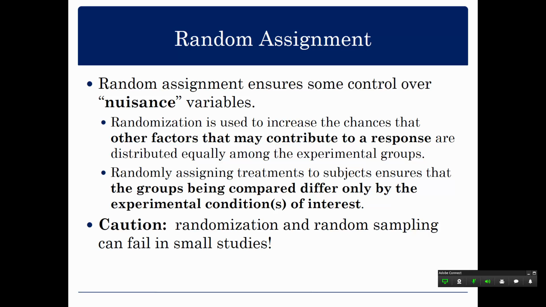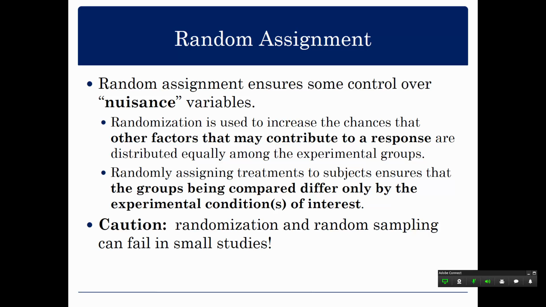So when we randomly assign treatments to study subjects, it increases the chances that other factors that may affect the patient's eventual outcome or response to treatment are distributed equally among the groups. So when you get done with a study, those two homogeneous groups will have some average response that may differ. And if it differs, you are pretty confident that that difference can be directly tied to the treatment effect.